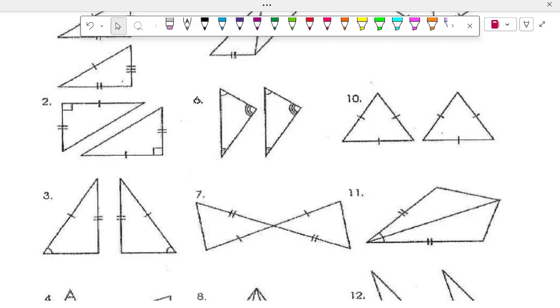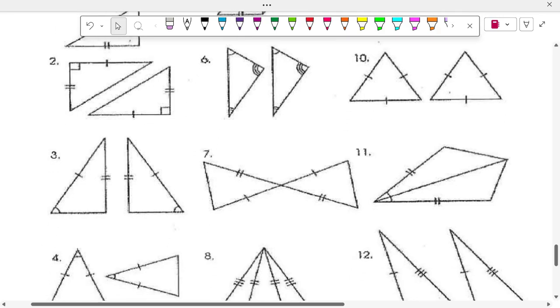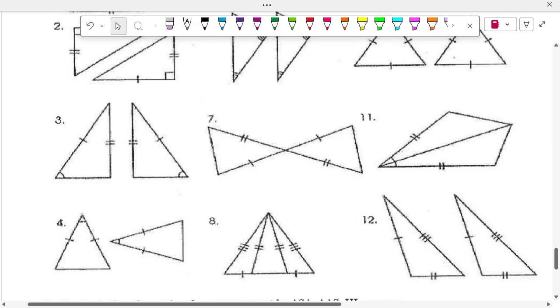All right, let's do number 3. So again, the corners, hypotenuse leg is in the middle. If there's not enough info, have a seat. So number 3.